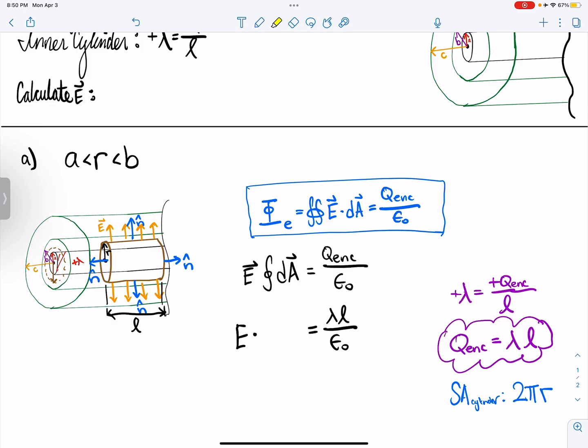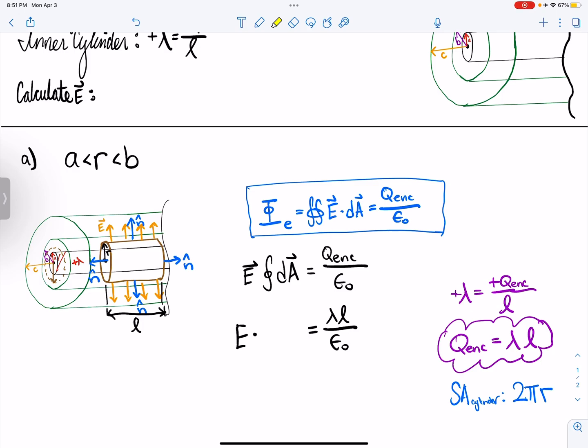But when it's parallel, like on the side of the cylinder for this normal vector and electric field, then we have a value for that. That's a constant. So we can actually take this electric field out of the surface integral like I did here and just treat it like a constant.